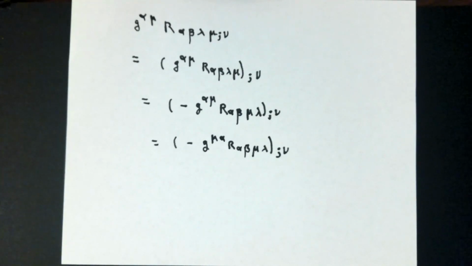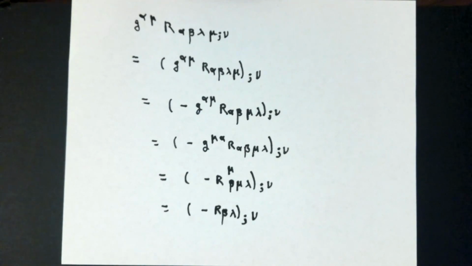G alpha mu upstairs and G mu alpha upstairs are the same. I want to literally write it in that format because this is the definition inside the parentheses of the negative of one of the components of the Ricci tensor. So the second term in our contraction of the Bianchi identities is simply this number.